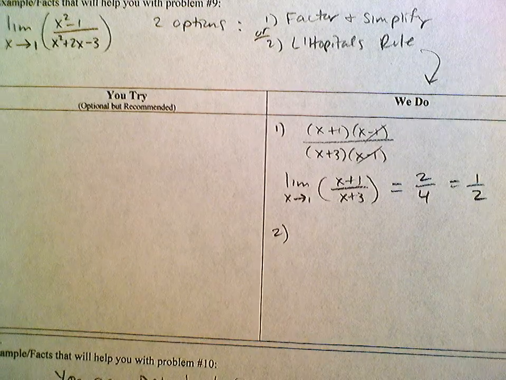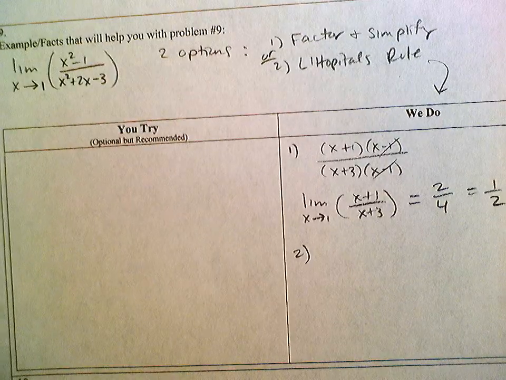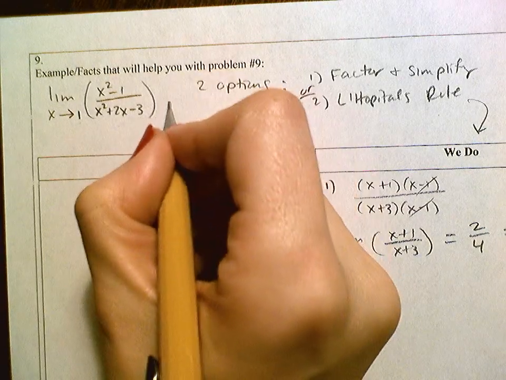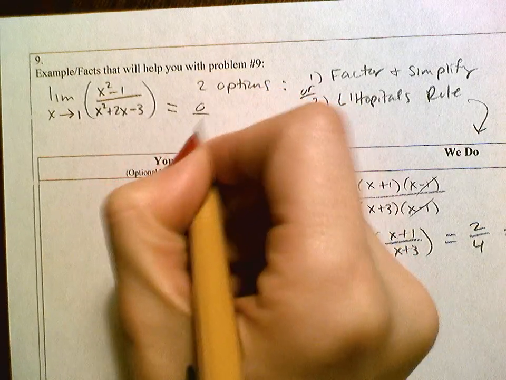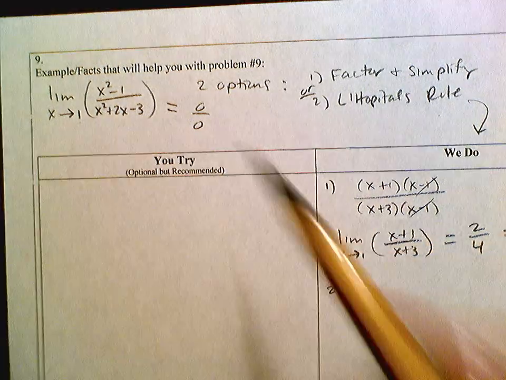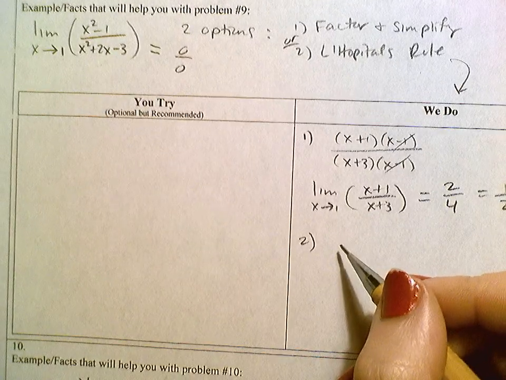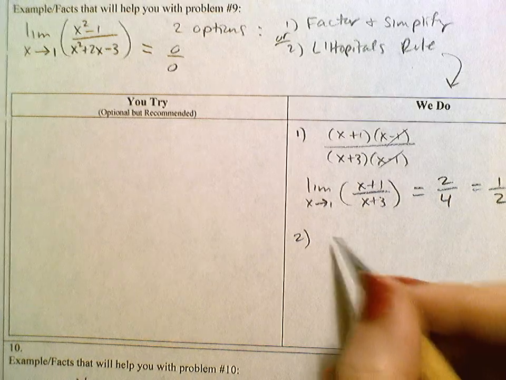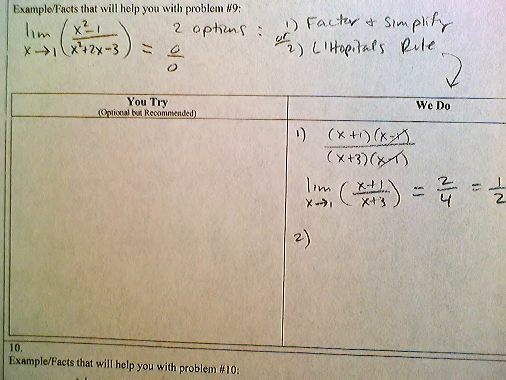Now the second way. Actually, let's go back up here for a second, guys. It equals 0 over 0. Make sure you show that. This is multiple choice, so I'm not going to write, therefore by L'Hopital's rule. If it was short answer, you'd have to.